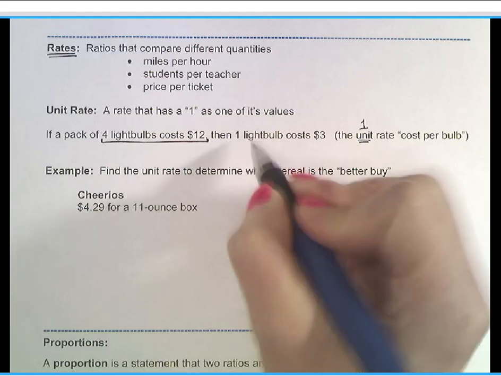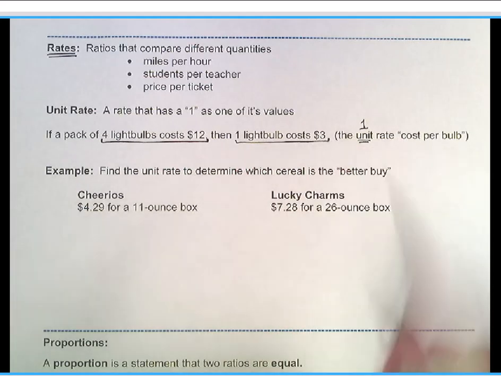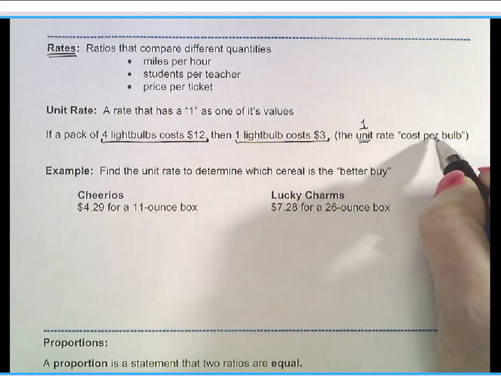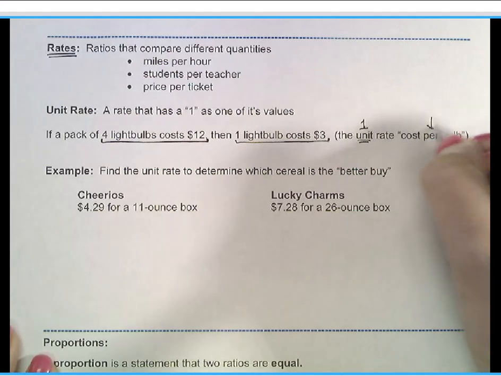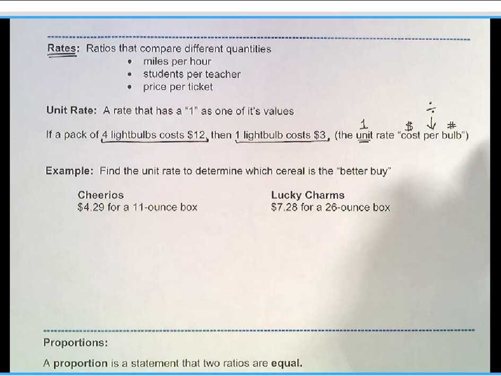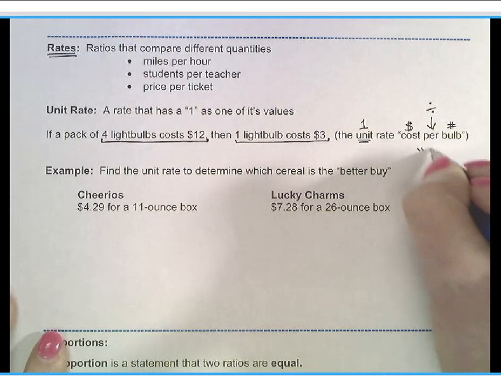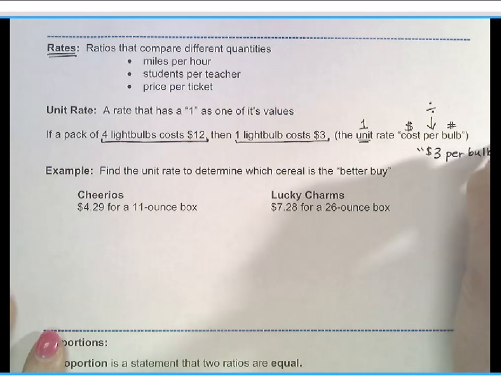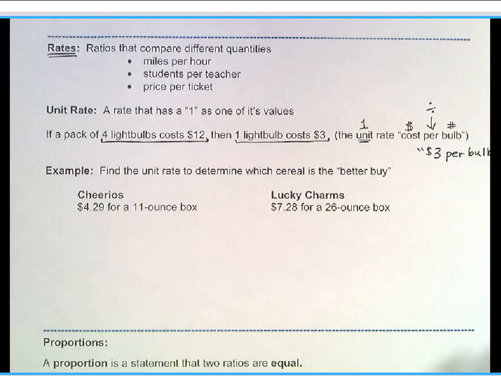How much one light bulb costs is $3, and that would be cost per bulb. So the word per again means division, and you take the cost and you divide by the number of bulbs and you get cost per bulb. So we could say it's $3 per light bulb, right? And that would be a unit rate.